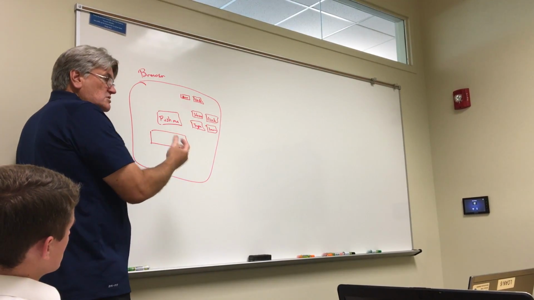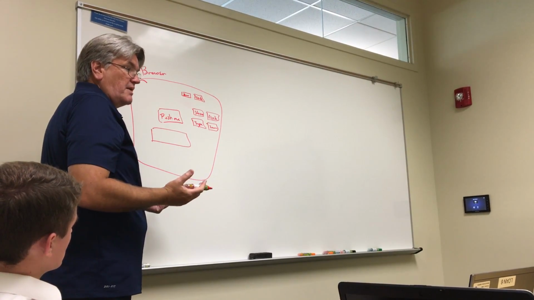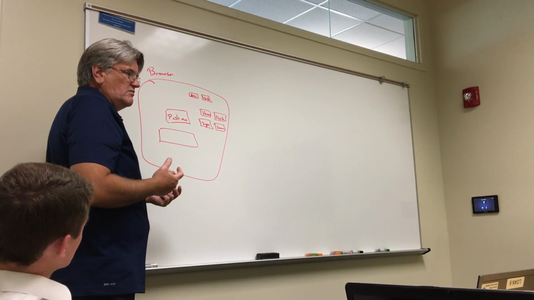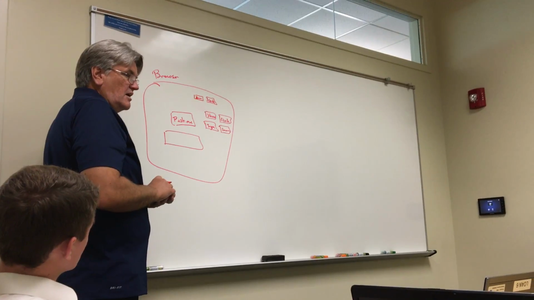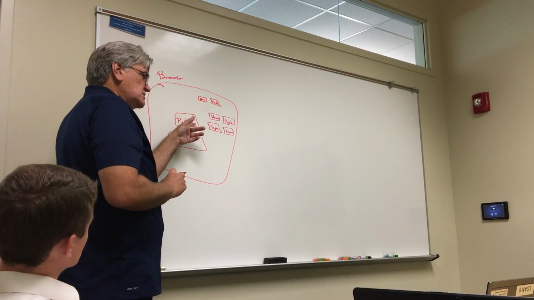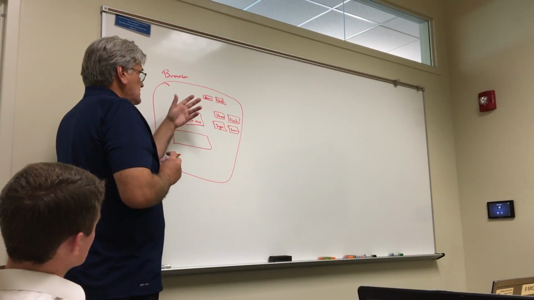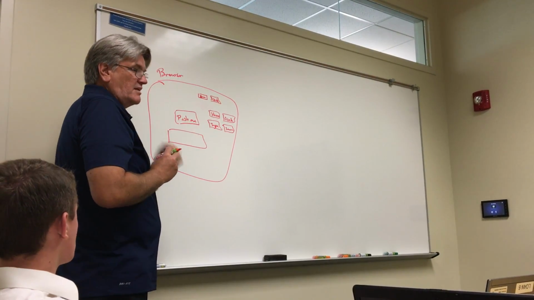Okay? So it creates all these events for you automatically. And there's a convention in browsers for naming of the events. On the push of the push me button, I can actually name that event.